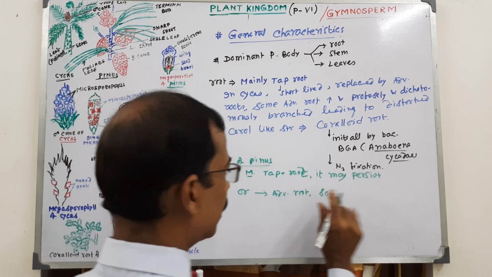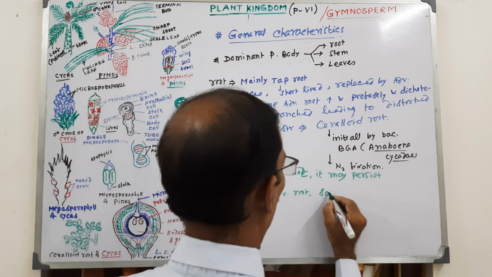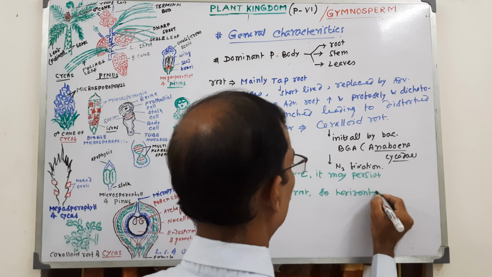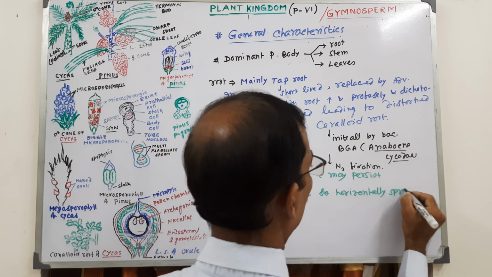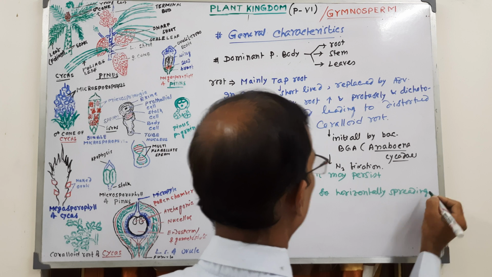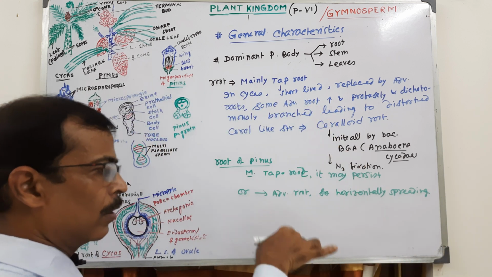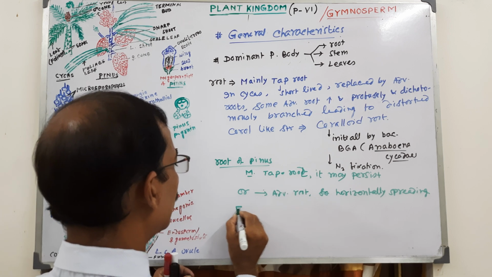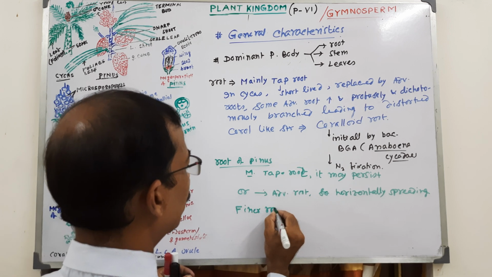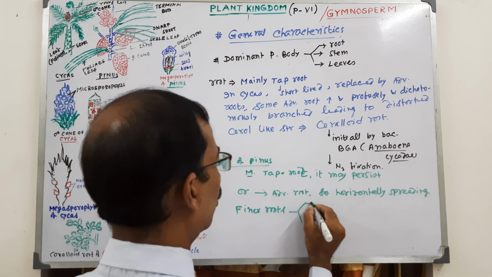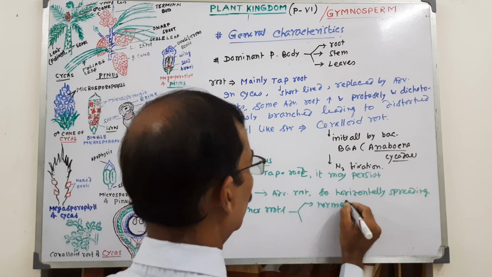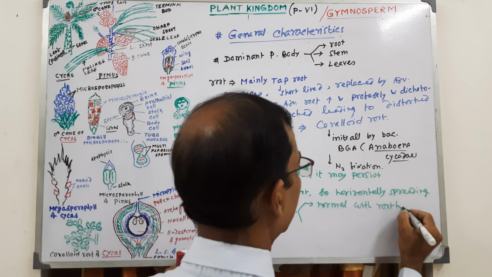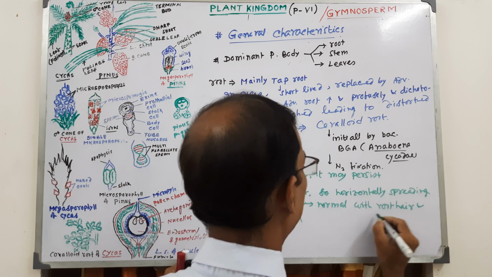Some finer roots are horizontally spreading, mostly horizontally spreading. Some peg-like roots come downward, and the finer roots are of two types: normal, with root hairs and root cap.